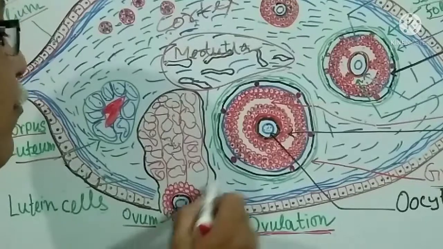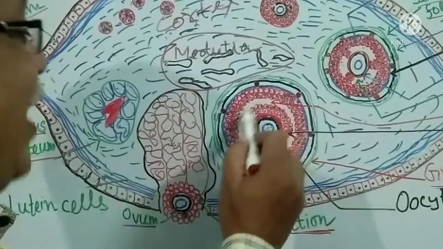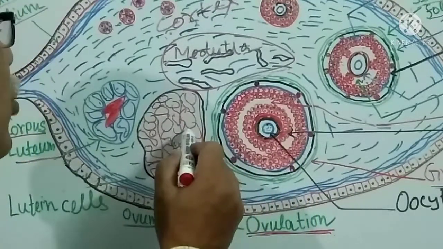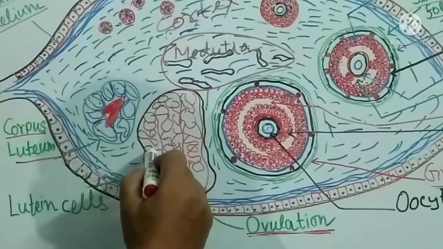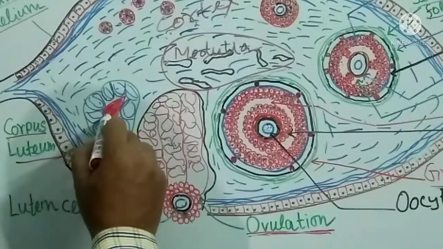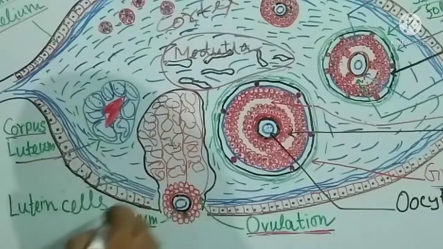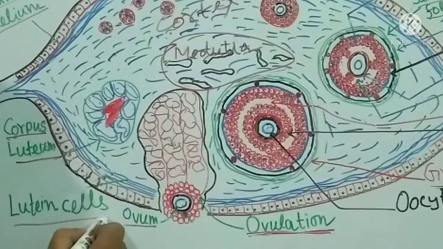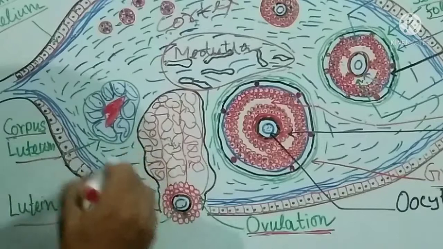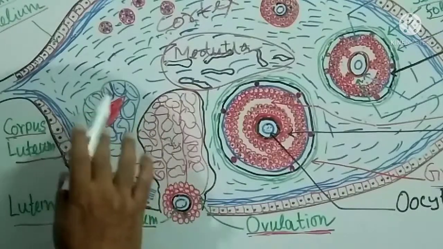After releasing from Graafian follicle, the follicular cells of Graafian follicle are transformed into Corpus Luteum. This is Corpus Luteum. Corpus Luteum is made up of lutein cells, and these cells contain yellow pigments and accumulate lipid.